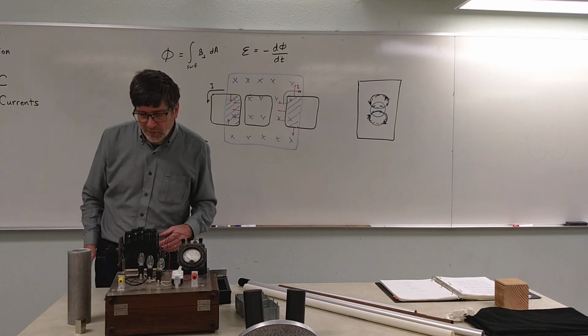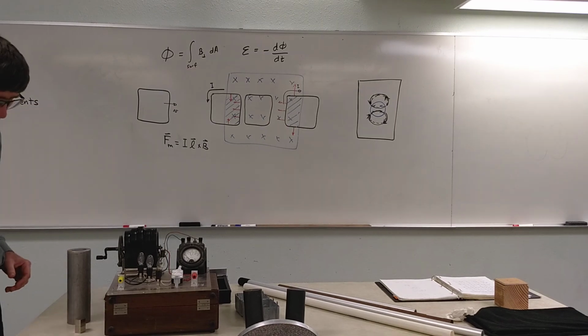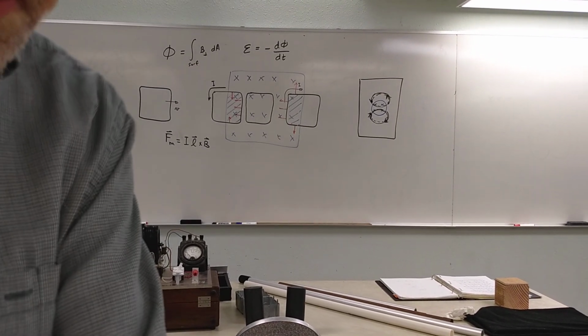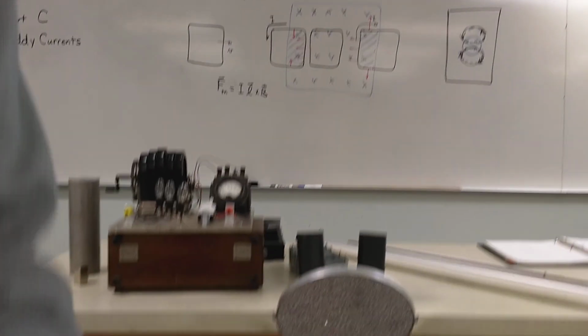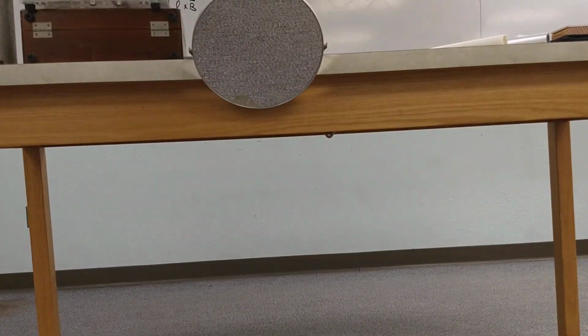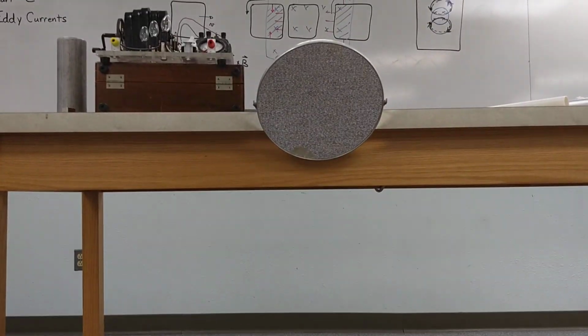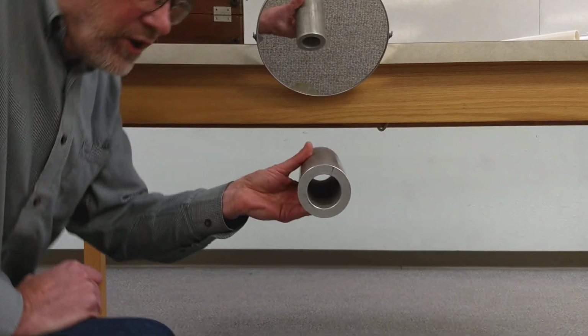I'm going to demonstrate this one more way. I've got to move you just a little bit so that you can see what's going on. So what we're going to do, I have here an aluminum tube.